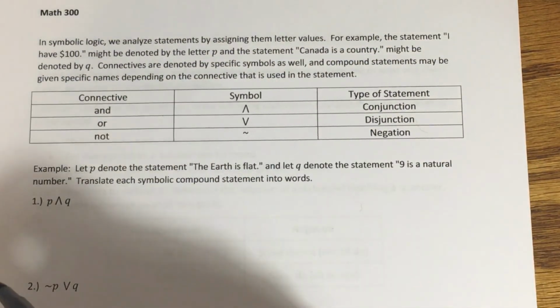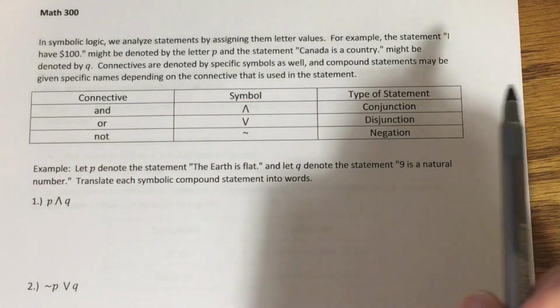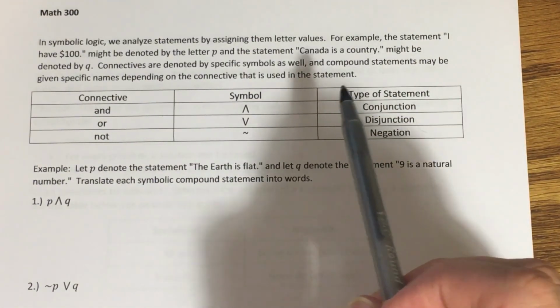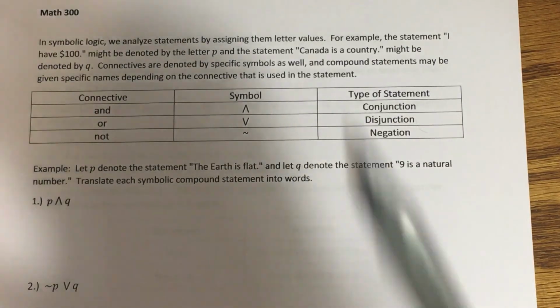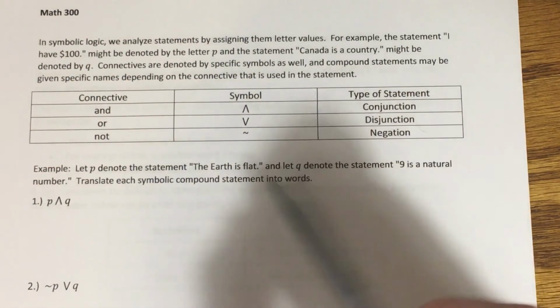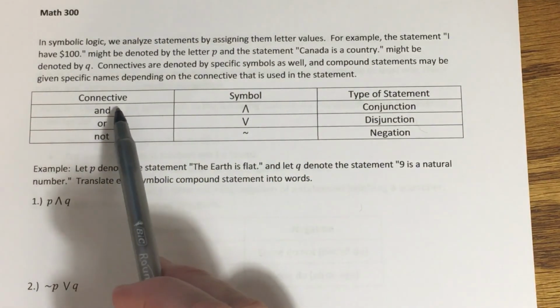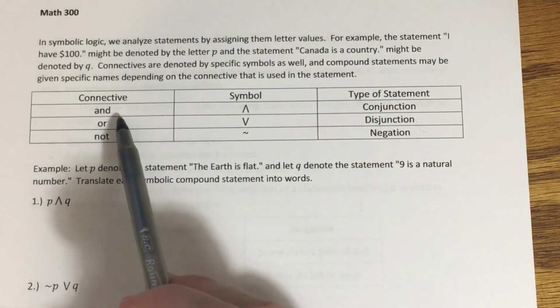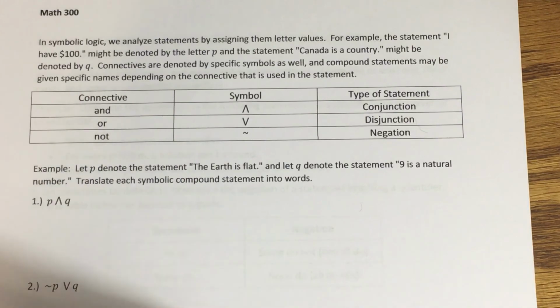Connectives also have specific symbols that we're going to look at here in a second. And compound statements that involve one specific connective might be given specific names that we're going to talk about as well. So here are the 3 big connectives we're looking at: and, or, and not.